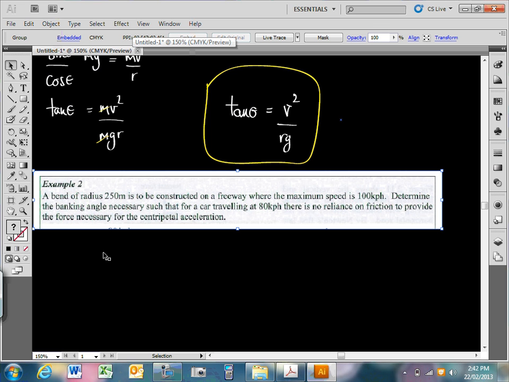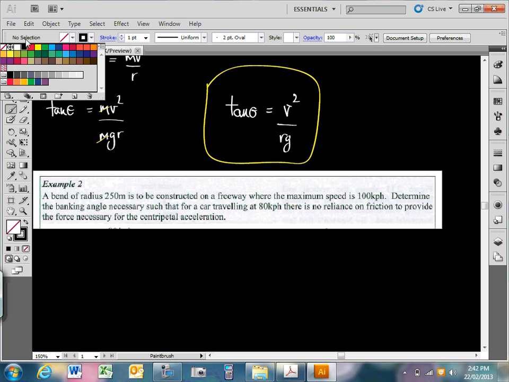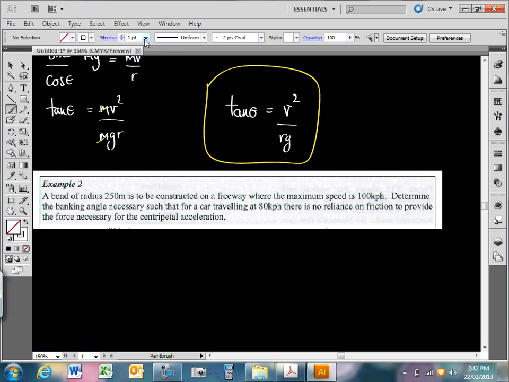So, just as a reminder for those people that maybe forgot, I hope you didn't forget, 80 kilometres per hour divided by 3.6 will give us, by the book, 22 metres per second.